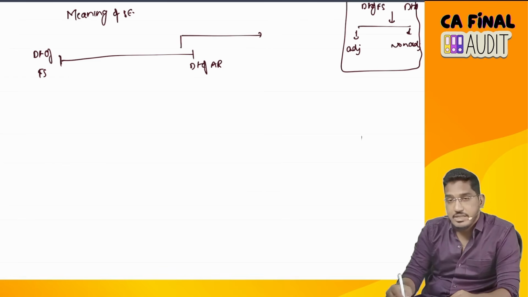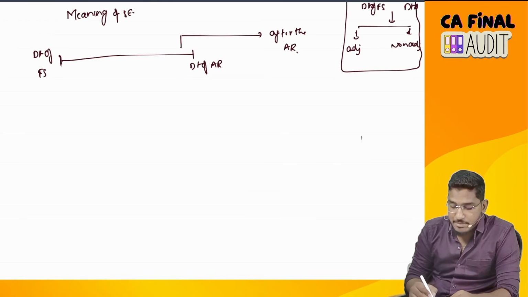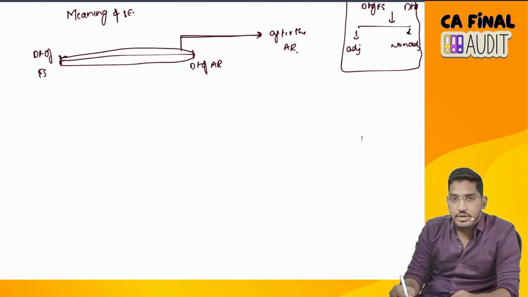But the fact of that subsequent event came to the auditor's knowledge after the date of the auditor's report. Some event has taken place between the date of the financial statements and the date of the auditor's report, but you got to know about that event after you have signed the audit report. Then we call it a subsequent event.